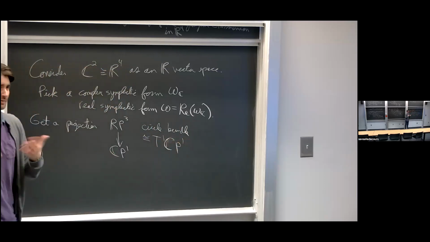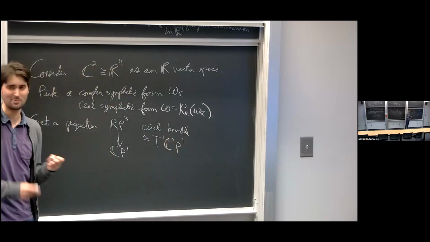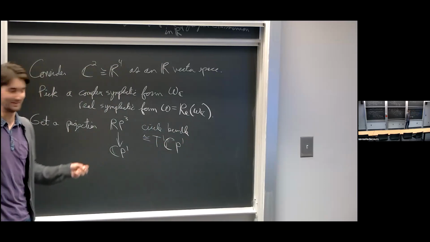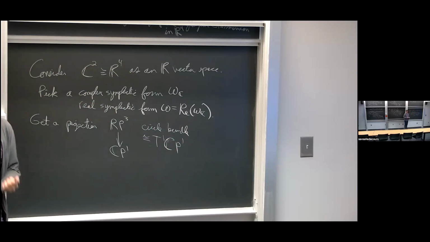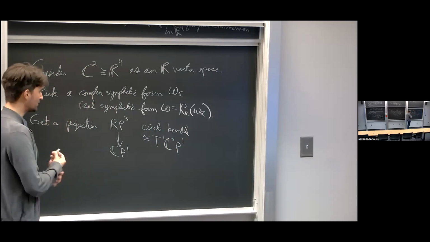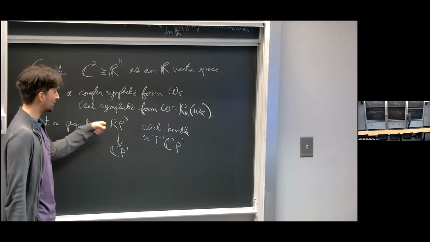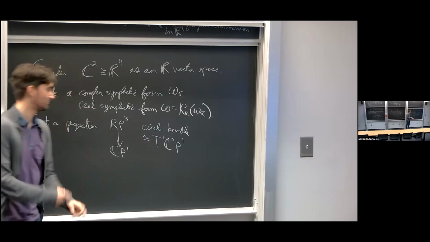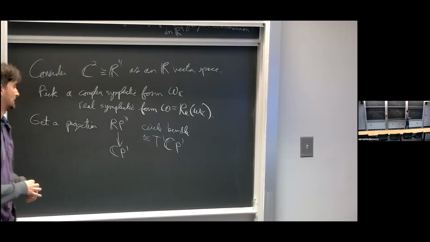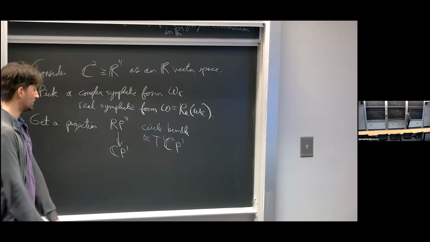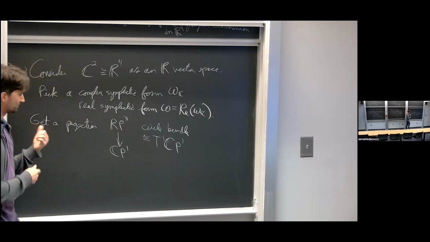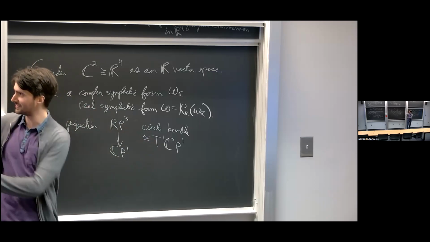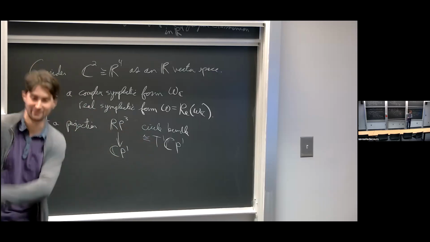Or, thinking of it differently, this is like the Hopf fibration, but half of it. If I did S3 instead of RP3, this would exactly be the Hopf fibration, and it's the same construction. So I'm thinking of RP3 as the unit tangent bundle of CP1, and the projection to CP1 is like forgetting the tangent direction. All of this is how you formalize everything that I said before.